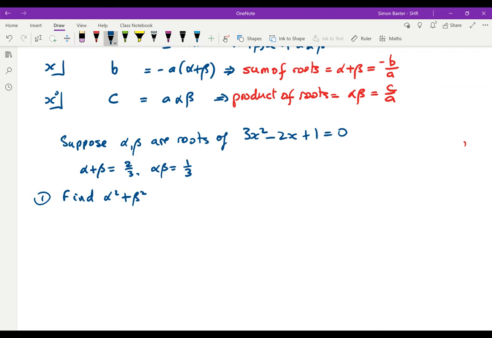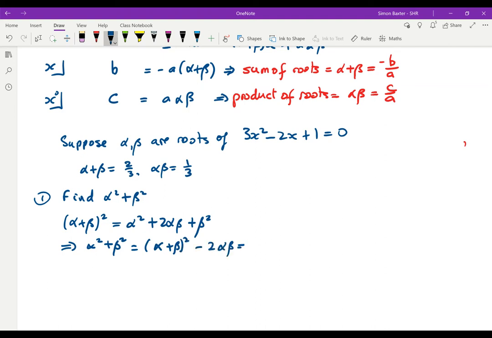The first thing that we need to look at is the fact that alpha plus beta squared is alpha squared plus 2 alpha beta plus beta squared. That tells us that alpha squared plus beta squared, if I subtract 2 alpha beta from each side, I get alpha plus beta squared minus 2 alpha beta.